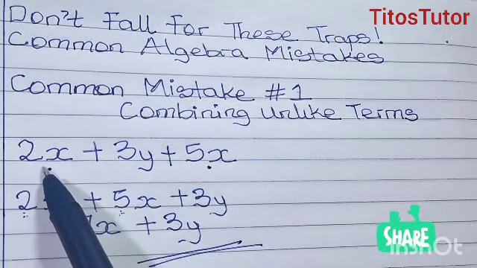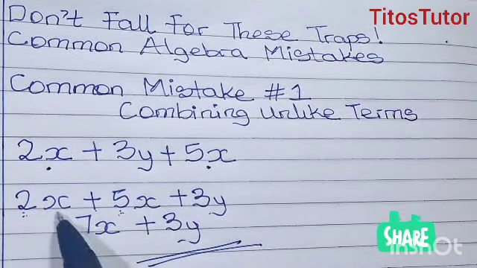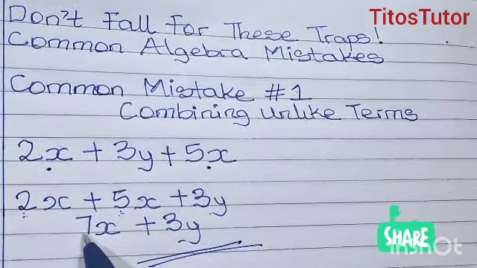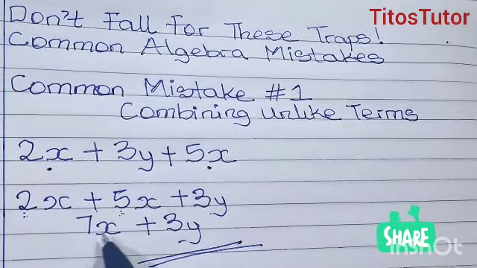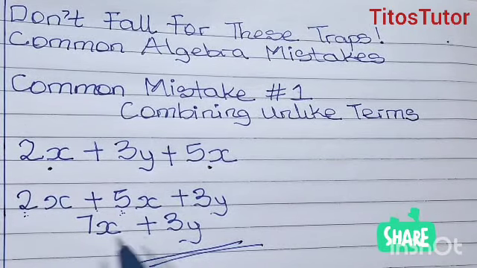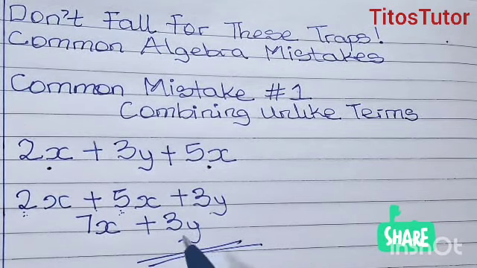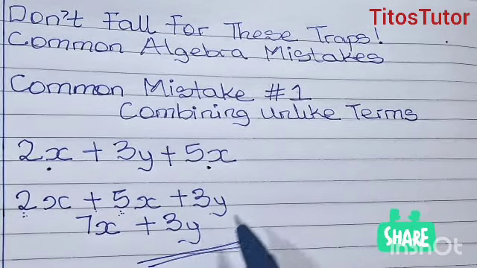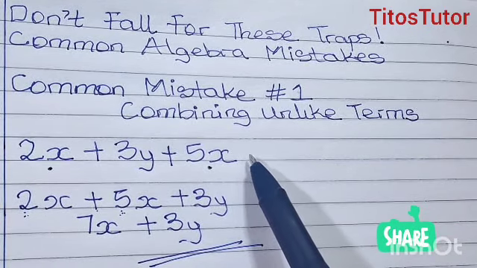So you can combine 2x and 5x. 2x plus 5x is 7x, plus 3y. 7x and 3y do not have the same variable, so you cannot add them together. This is your final answer to simplifying this algebraic expression.